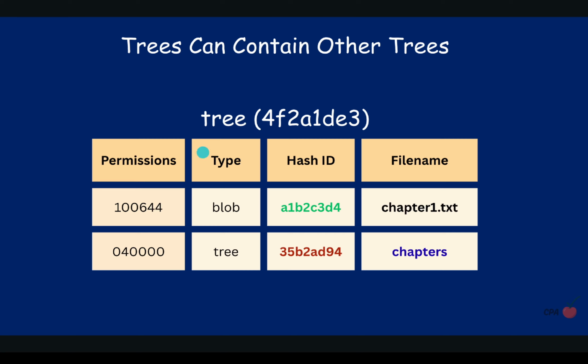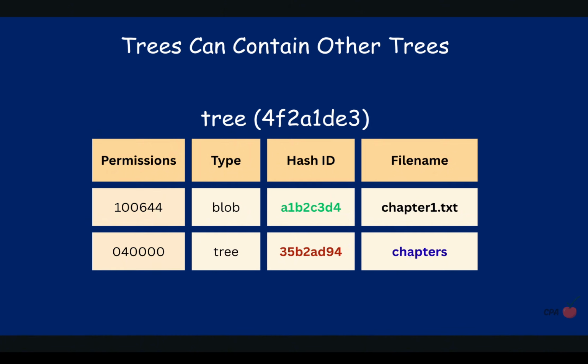So here we see that this tree previously only had this chapter 1 listed, which basically links chapter 1 to this hash ID of the blob. But now we have also chapters as a file name, which has this hash ID. And the type is this time tree. So we see that the tree can contain blobs as well as other trees.